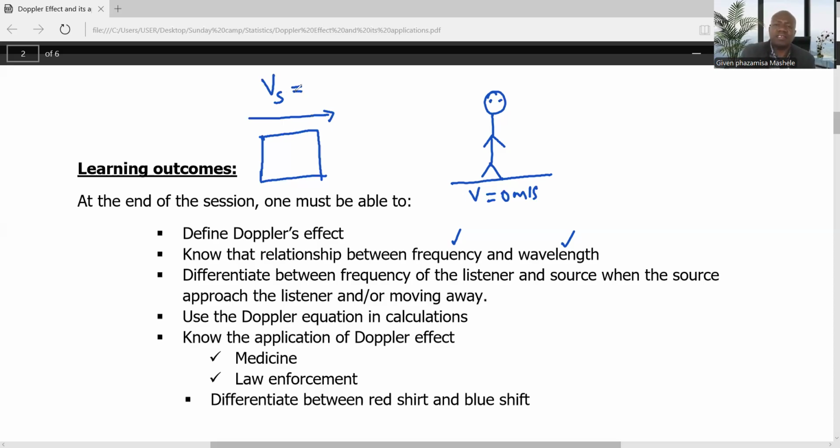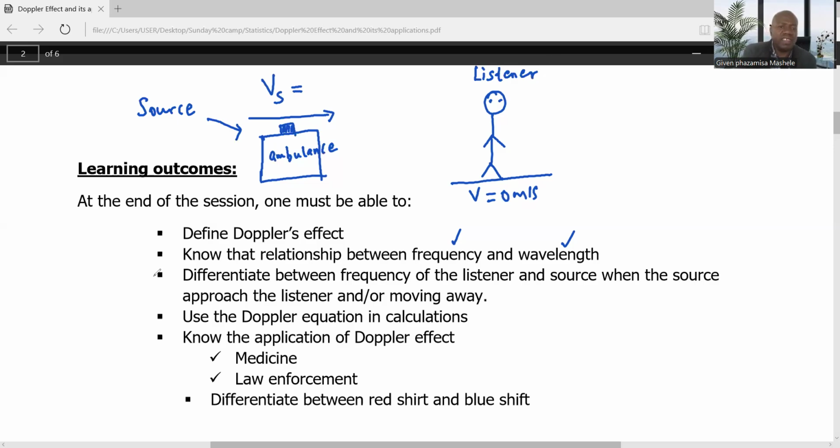Now, what will happen if this is the ambulance and it is the one producing sound with its siren? If it is the one producing sound, it will be regarded as the source, because it is the one that is producing sound, which means this person will be the listener or the observer.